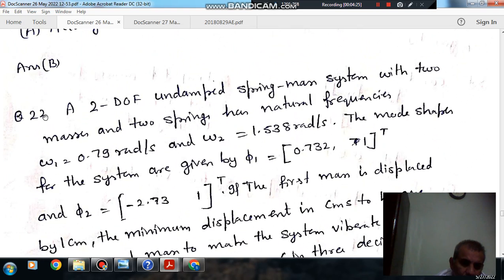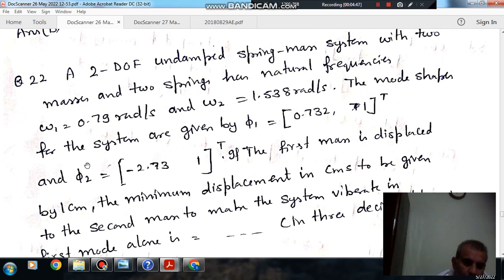Next, question number 22. A 2 degree of freedom undamped spring mass system with two masses and two springs has natural frequencies omega 1 equal to 0.71 radian per second and omega 2 equal to 1.53 radian per second.